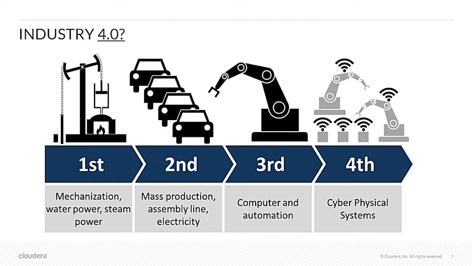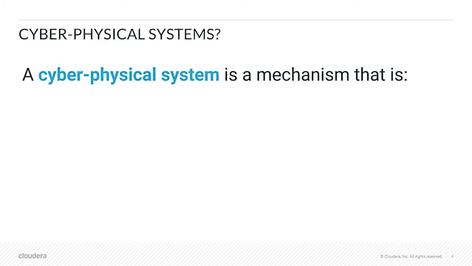And what's really interesting now is that we're talking about Industry 4.0. It's all about cyber-physical systems. I love this slide because, to me, cyber-physical systems create more questions than answers. So, whoa, Industry 4.0 is about cyber-physical systems. Well, what's a cyber-physical system?